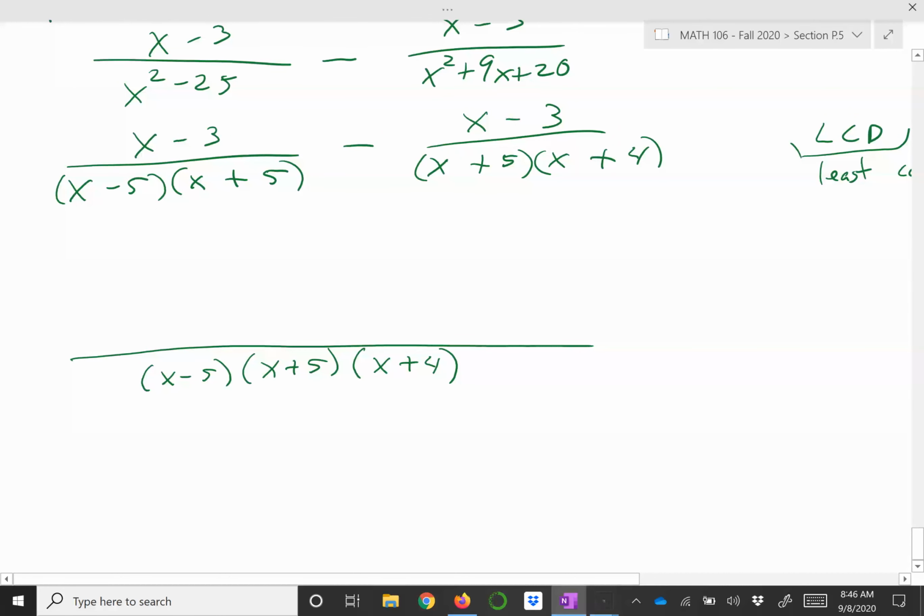So let's look at this first term. I'm just putting a little line under it, and then this common denominator. What's missing between what I just underlined and this least common denominator on the bottom? X plus 4. So that's what you multiply x minus 3 by.